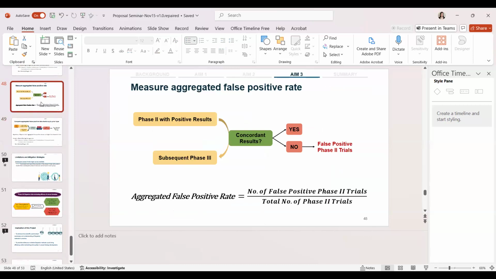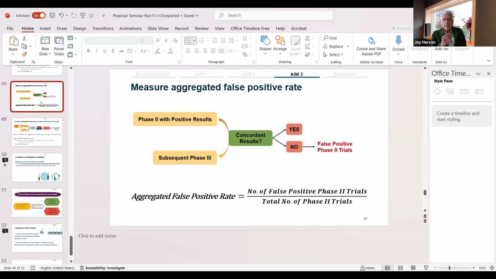So under this context, I'm going to treat the phase 3 results as sort of the gold standard. I assume that if a phase 2 trial has positive results, then there will be a follow-up phase 3 trial, either before or after the approval of the drug.